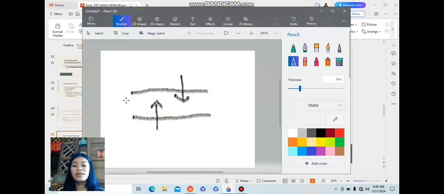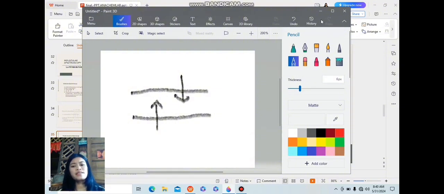The emission of the photon from the singlet excited state to the singlet ground state is called fluorescence. The average lifetime of an electron in the excited state is only 10 to the power of negative 5 to 10 to the power of negative 8 seconds.